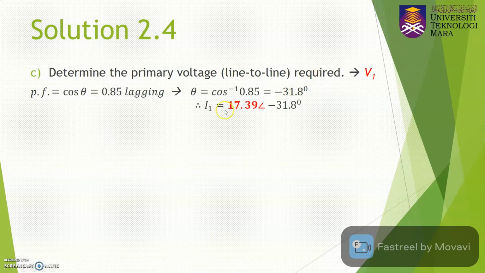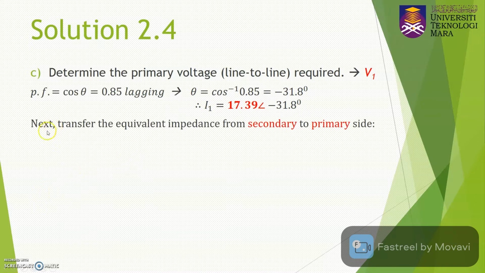The I1 that you got in the previous slide, I1 will be equal to 17.39 angle negative 31.8. This is the value of I1. Next, you need to transfer the equivalent impedance from secondary to primary side.